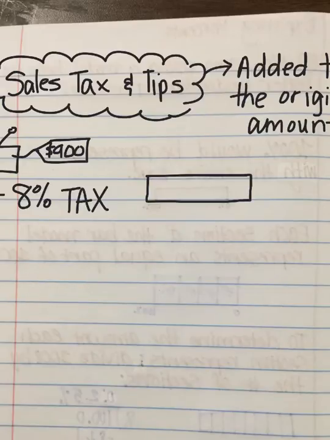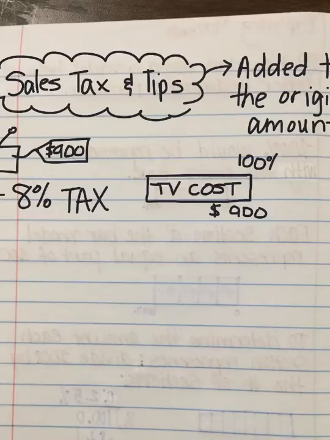This would be the TV cost. If I paid the entire amount of my TV cost, according to this, it's going to be $900. And if I paid $900, that is 100% of the amount. Does everybody agree?